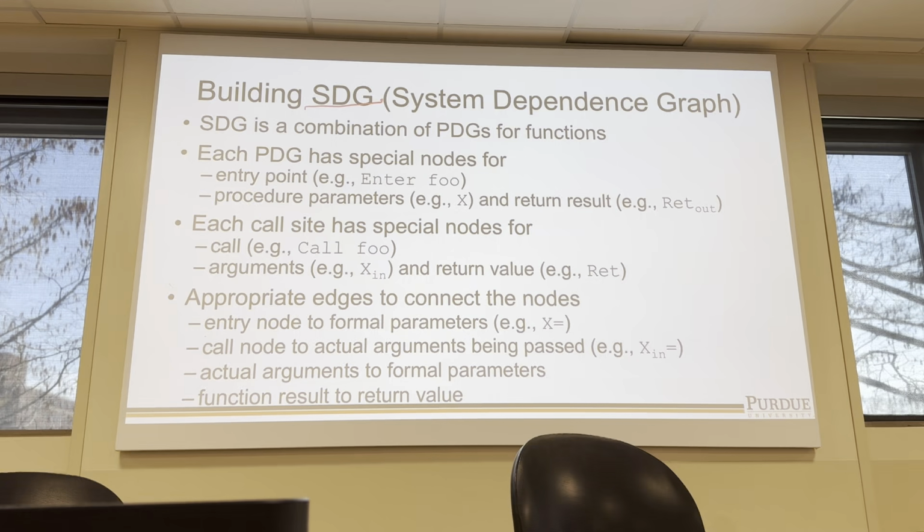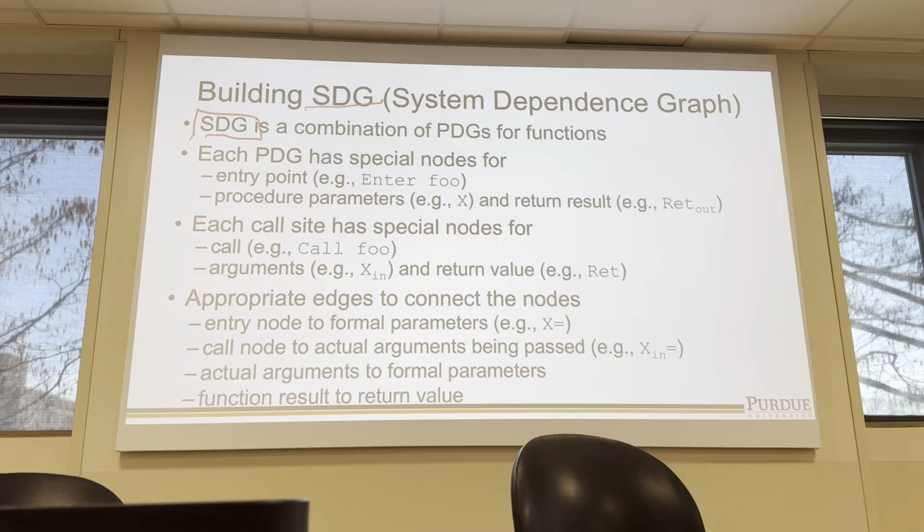This is a mere combination of the PDGs. PDGs are mere combinations of a control dependence graph and a data dependence graph. And then each function has its own program dependence graph. And the system dependence graph is basically just grouping or merging every single program dependence graph. But when you merge, of course, you gotta be careful.